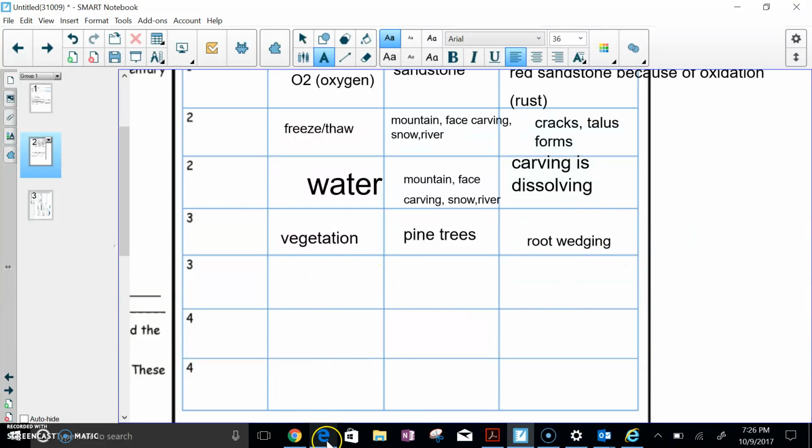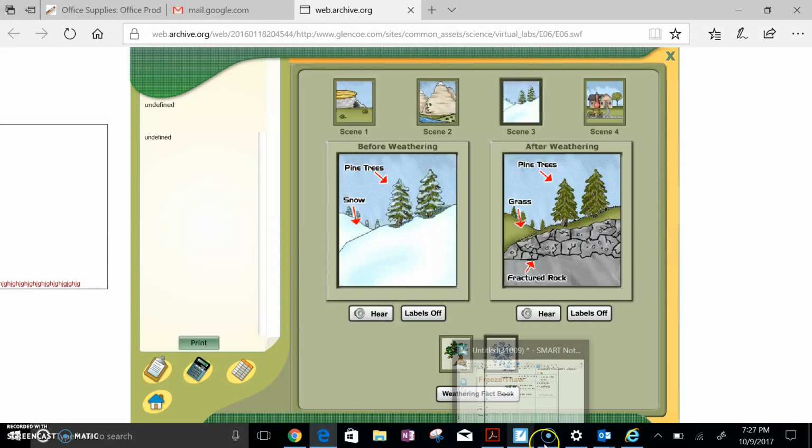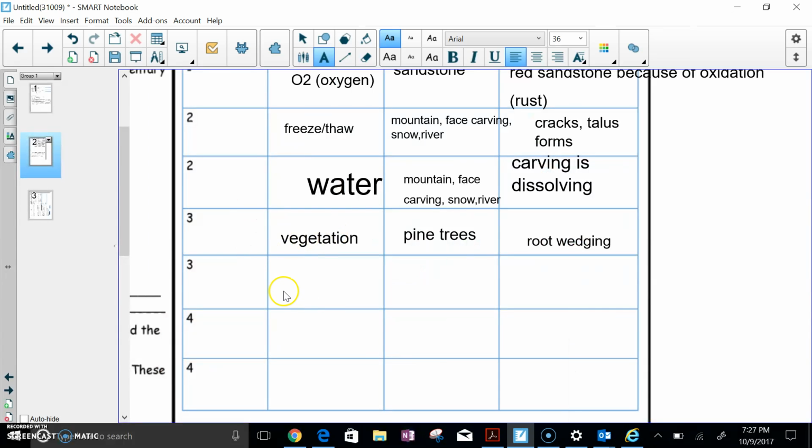Okay, scene 3 again. We have freeze and thaw. So here we have a very similar situation happening. We have the rocks being broken apart, but this time they're being broken apart by ice wedging. Okay, so with freezing and thawing, we have ice wedging.